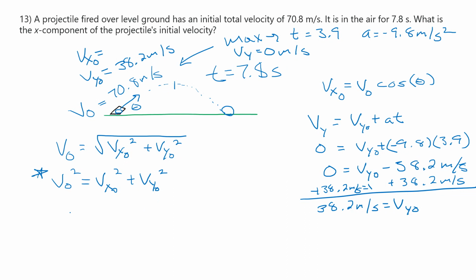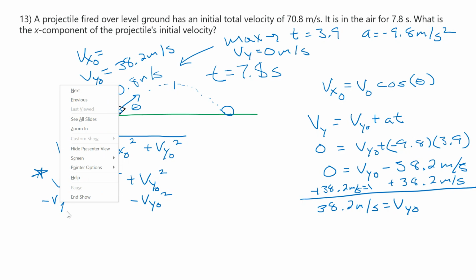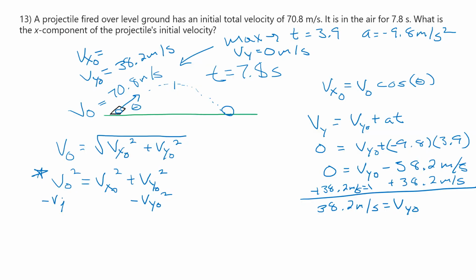So if I want to find the relationship between these two, I'm just going to subtract v y naught squared from both sides. And I get v squared minus v y naught squared is equal to v x naught squared.